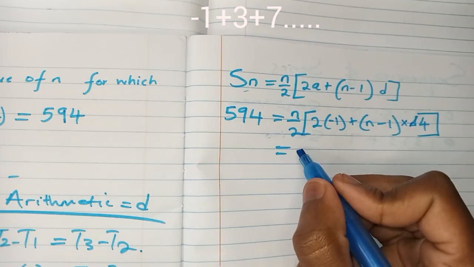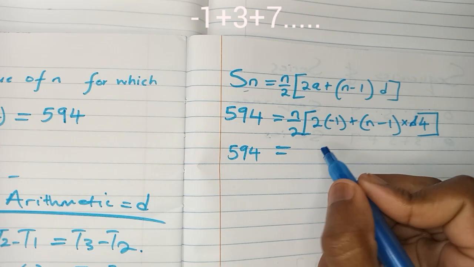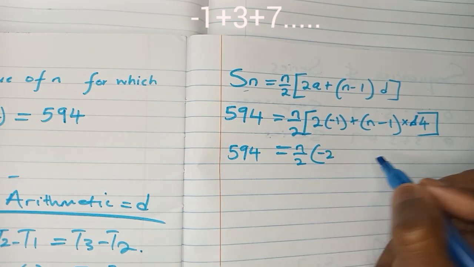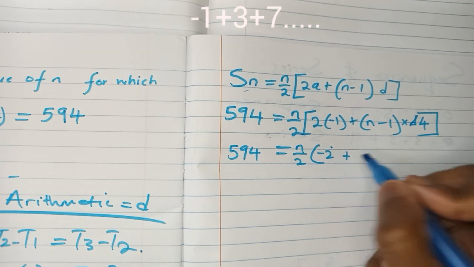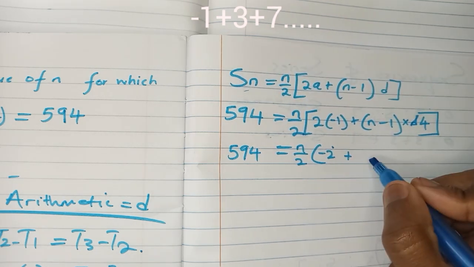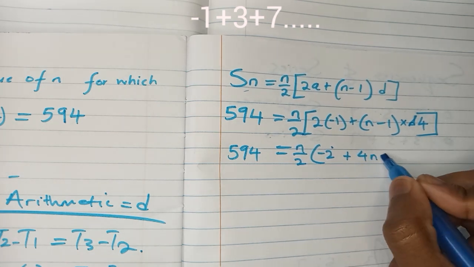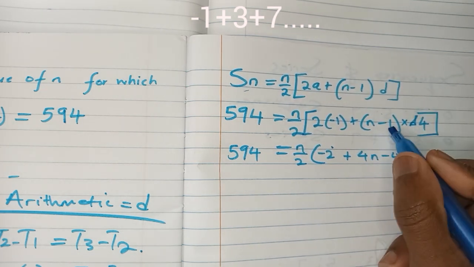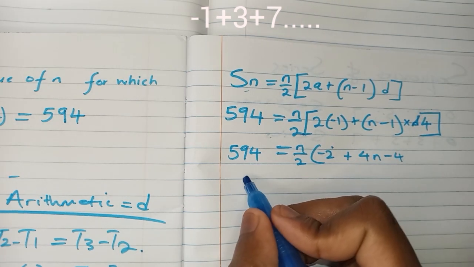find any answers. 594 is going to be equal to n over 2 times (2 times negative 1), and then we say plus, we multiply this in the bracket, so it's going to be 4n minus 4, because the negative 1 affects the 4. All right, so now we simplify further.